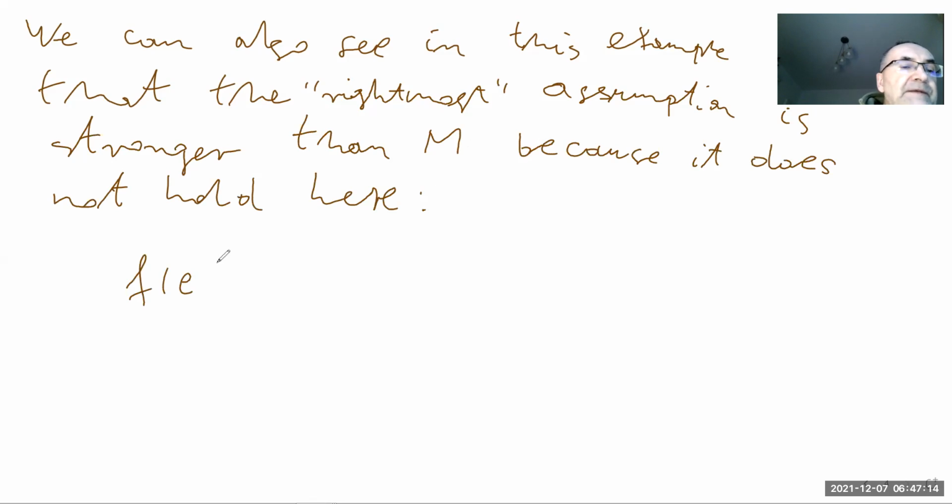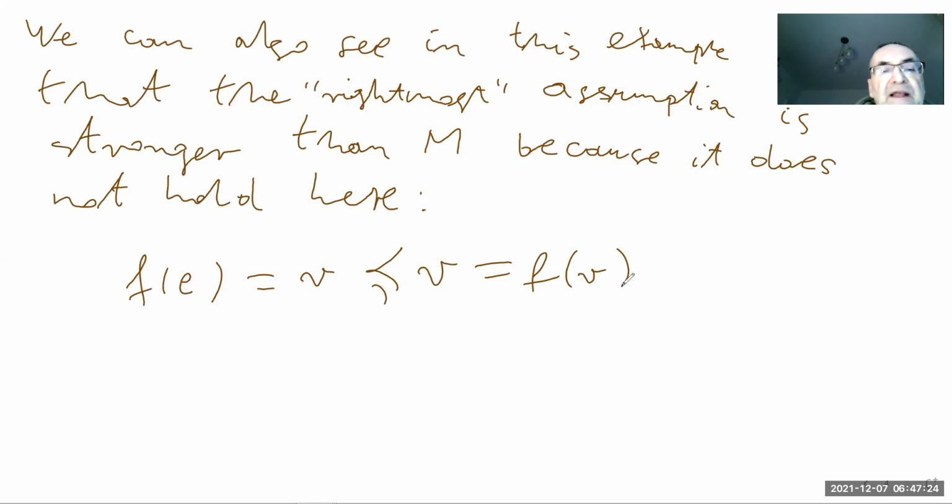Right, I take f of E, and this is of course equal to V. V is less than or equal to V, but this is also the same as f of V, right? So I have f of E is less than or equal to f of V, but it does not imply, well, maybe let me write it like this. So the hypothesis of the implication is satisfied but the conclusion is false.